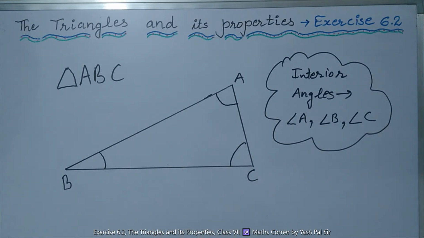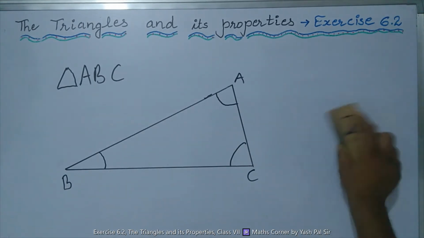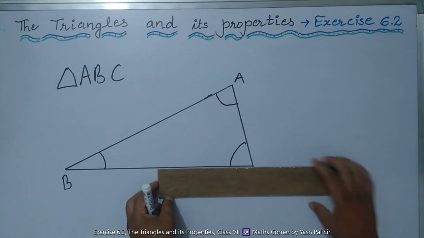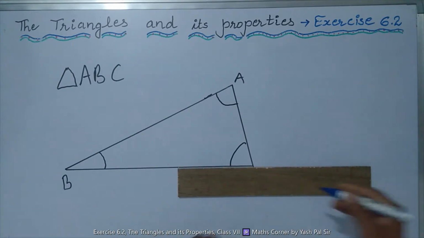Now we are going to discuss the exterior angle. What is an exterior angle? For this purpose, what we do? We have to extend one side of the triangle. How do we extend one side of the triangle? Suppose this is the side BC.